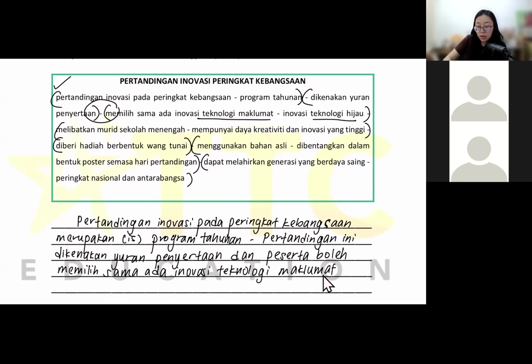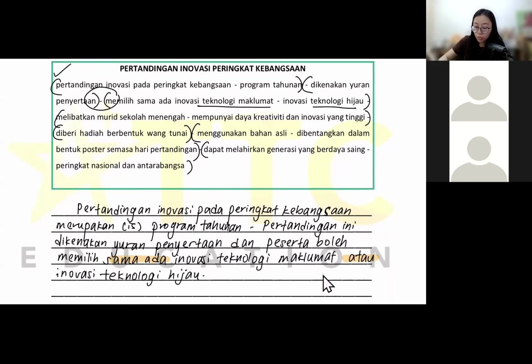So since it's a kata hubung berpasangan, sama ada is paired with atau, inovasi teknologi hijau. So this one, the yellow color, I write it on top here. Sama ada atau, this one is a pair. This one is called kata hubung berpasangan.